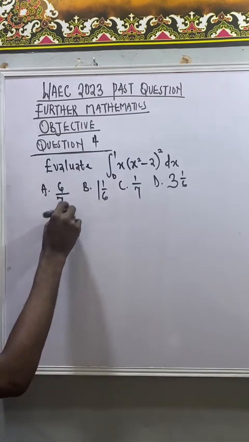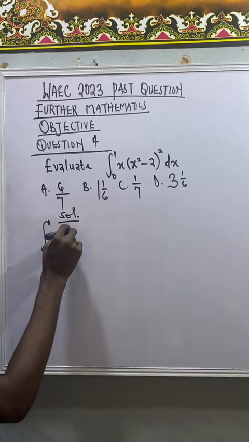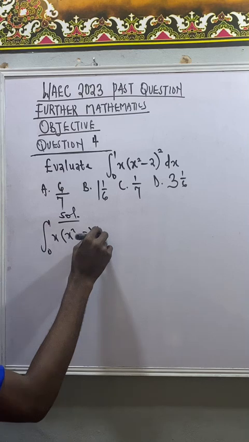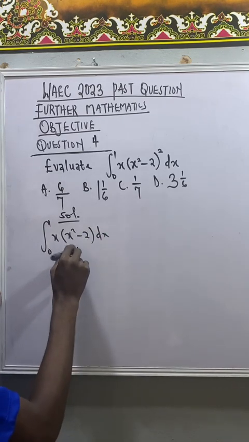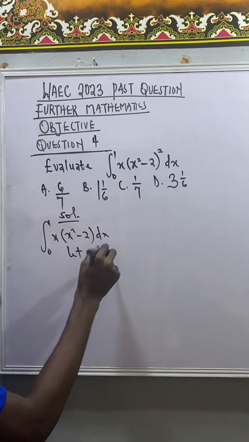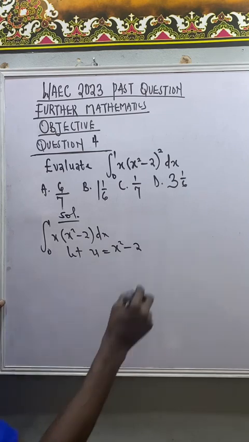Let's see that. Solution: the integral from 0 to 1 of x(x² − 2)² with respect to x. Good. Now, from here I can say let u be equal to what is inside the bracket, that's x² − 2.